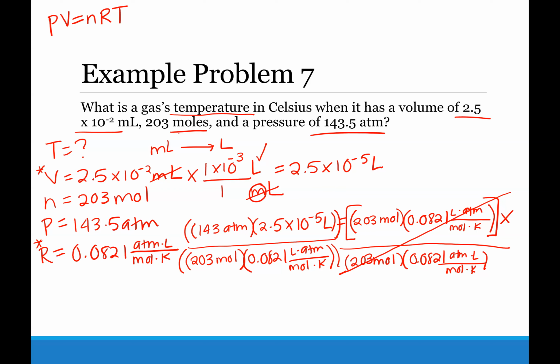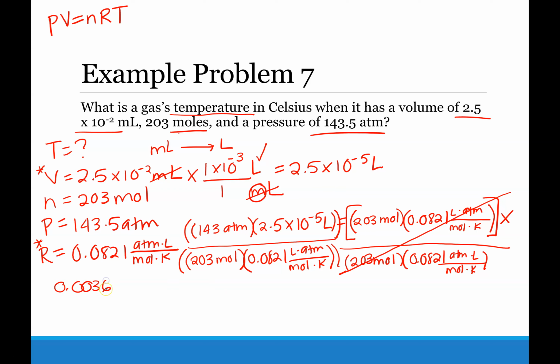So the top, 143 times 2.5 times 10 to the minus 5 equals 0.00357. So we'll say 0.0036. I'm actually going to move that over further because we have some more conversions to do at the end.